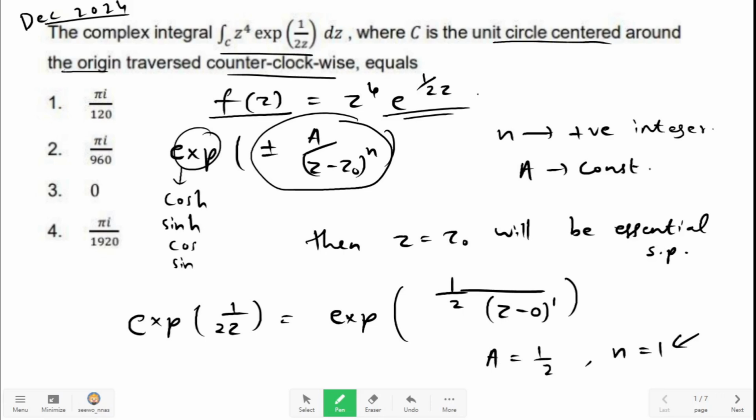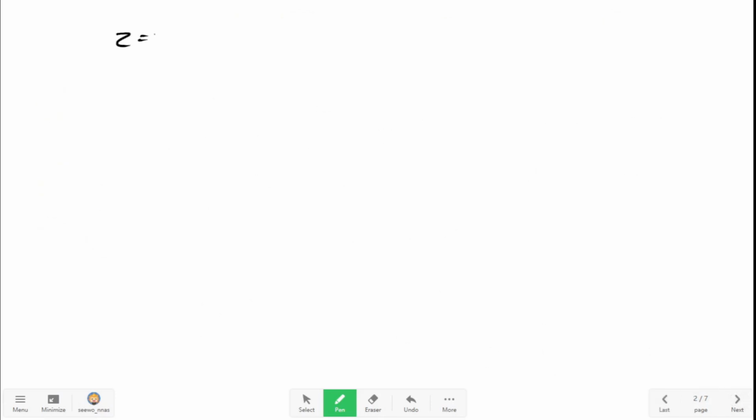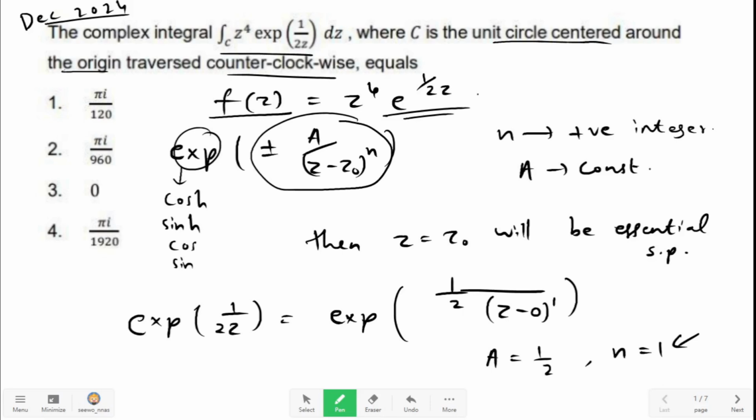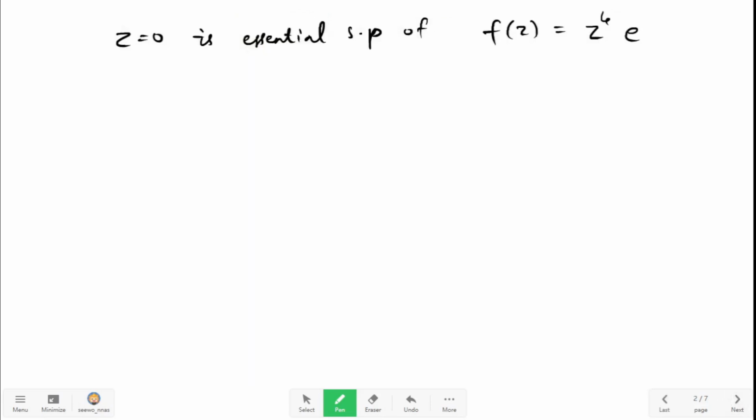This is a positive integer. Therefore we can say z equal to 0 is an essential singular point of f of z equal to z raised to 4 e raised to 1 by 2z.